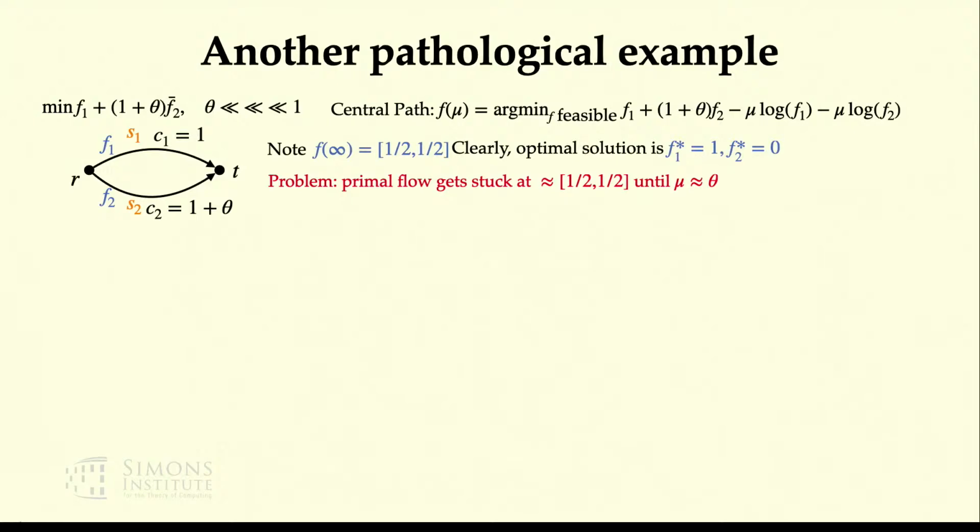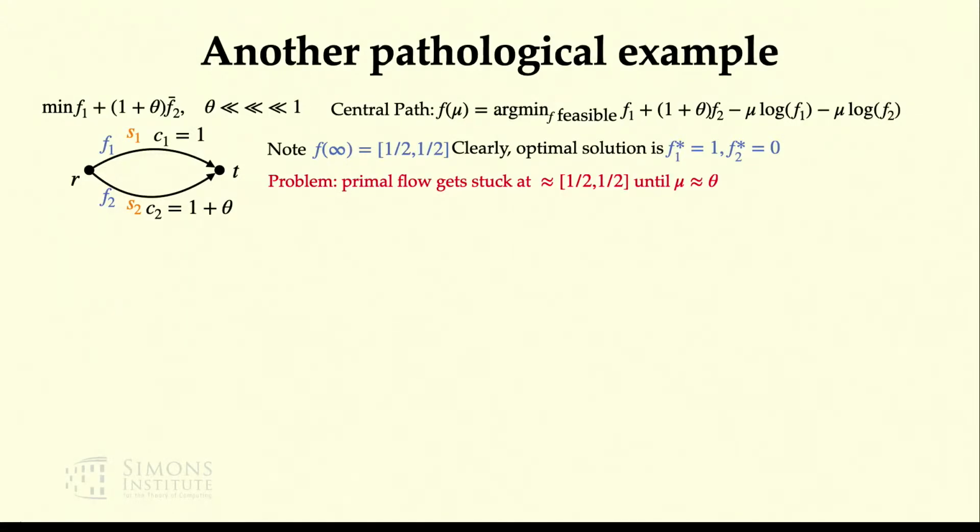So it's the most simple instance of a shortest path problem that you can imagine. I give you 2 vertices, a root R. I use R here because I want to use S for the slacks, and a target T. And I give you 2 parallel arcs, and they have slightly different costs. So the first arc has cost 1, the second arc has cost 1 plus theta. And this theta is super, super tiny, much smaller than 1.